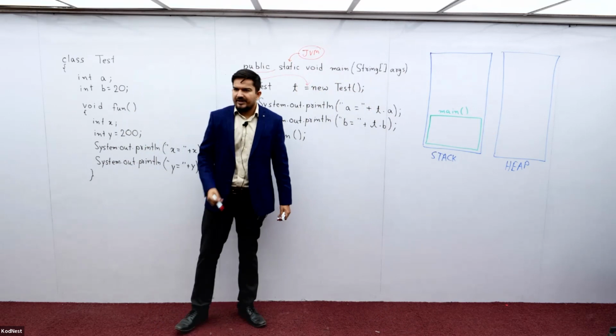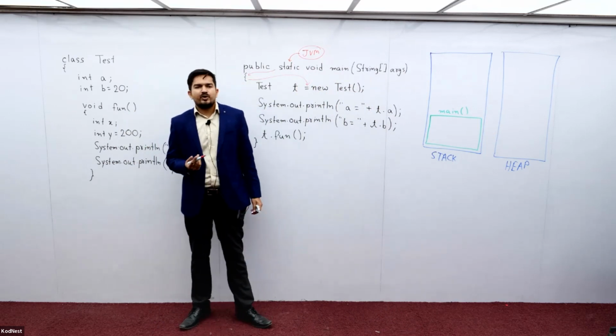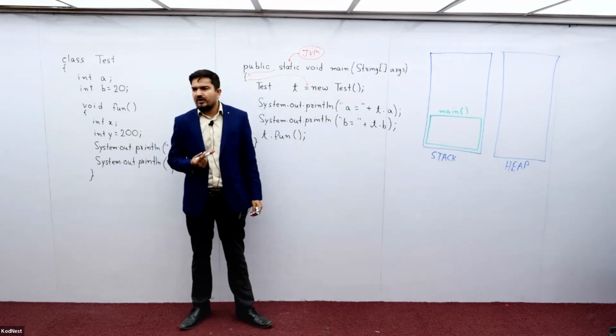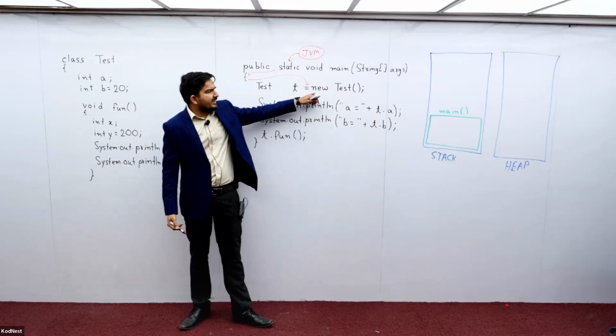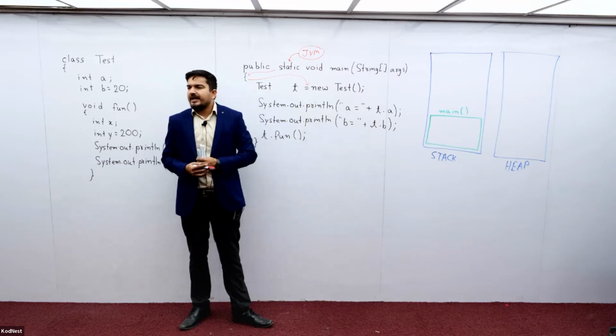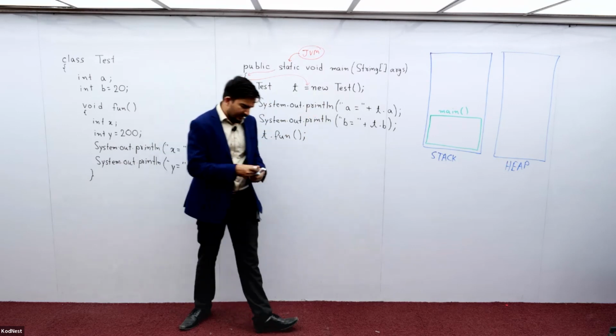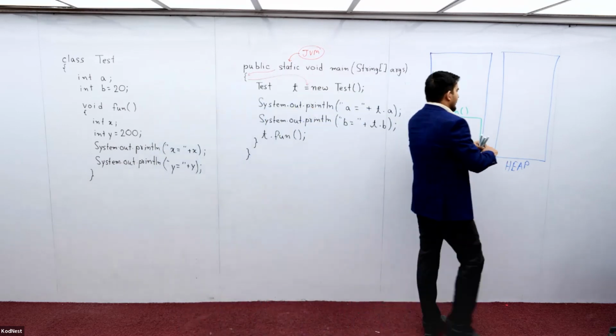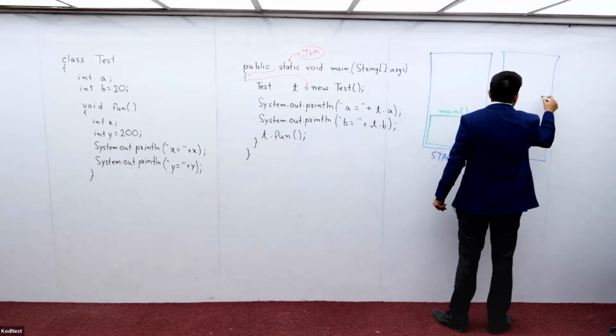We have seen many times that whenever the equal to symbol is in a statement, the program is going to start from the right hand side. On the right hand side, we are having a keyword called new. As soon as the JVM sees the new keyword, it will go to the heap segment and allot a block of memory. So maybe the block of memory on the heap segment will look something like this.